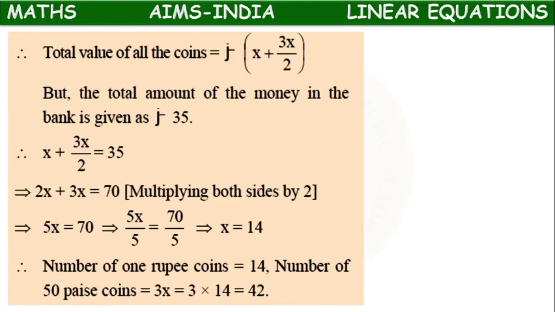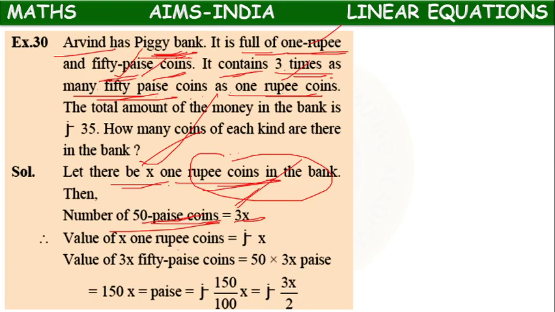One more, children. The total amount of money in the bank is 35 rupees. So how many coins of each kind will be in the bank? Here x 1 rupee coins are there.